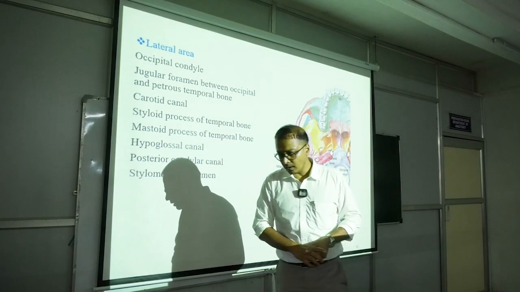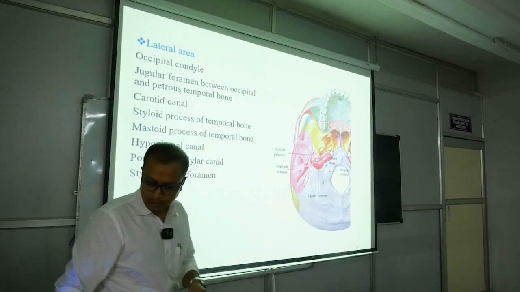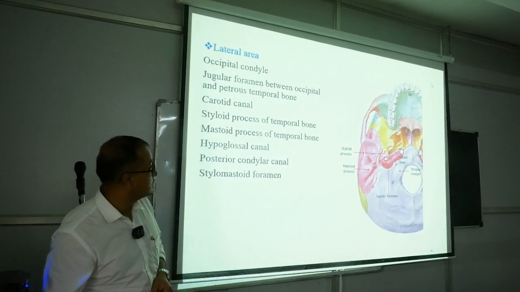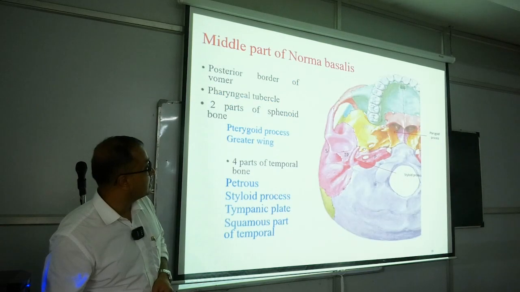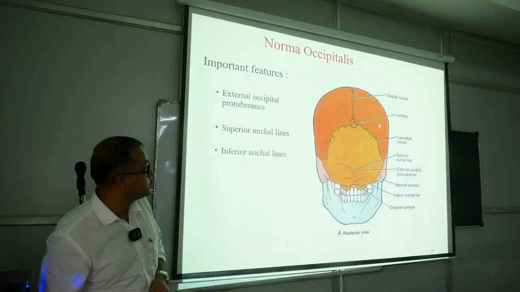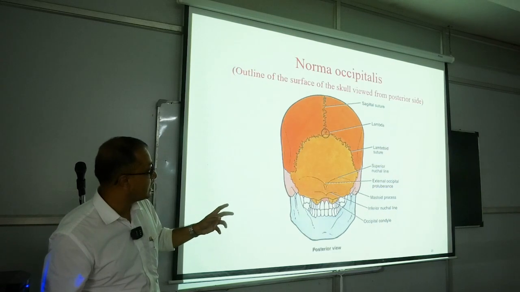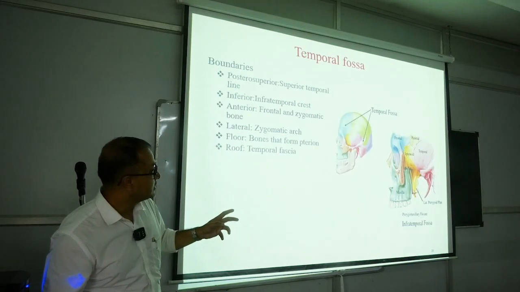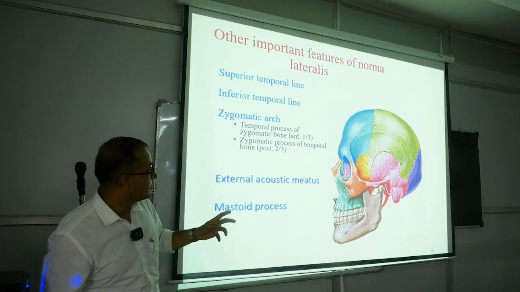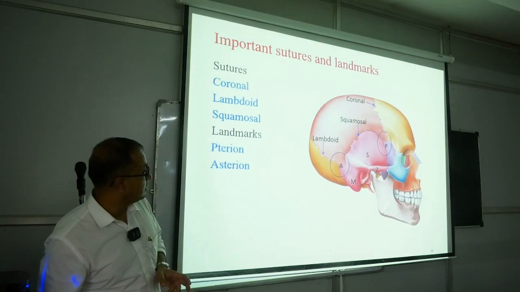So this is what we are expected to learn in terms of the views and the sutures, and the points within these sutures, emphasizing bregma, lambda, pterion and asterion. These are the four points that you have to know.